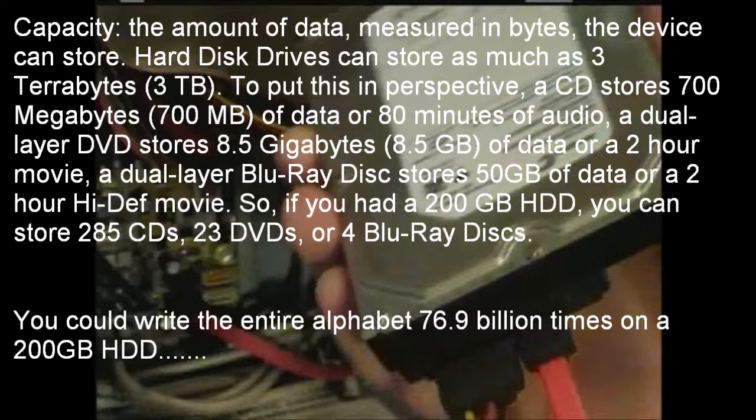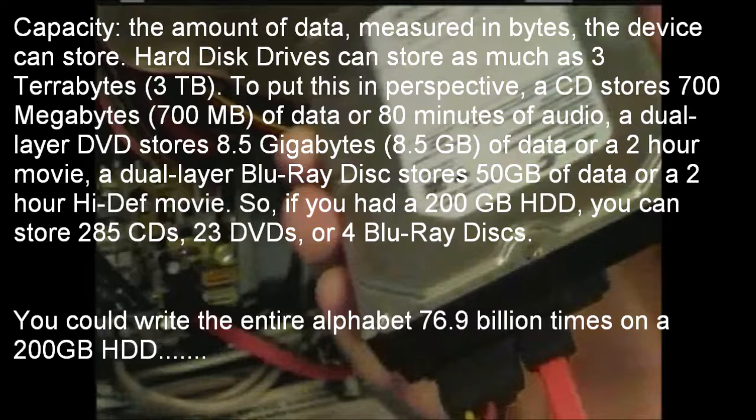A dual layer DVD stores 8.5 gigabytes of data, or a 2-hour full featured movie. A dual layer Blu-ray disc stores 50 gigabytes of data, or a 2-hour fully featured high definition movie.